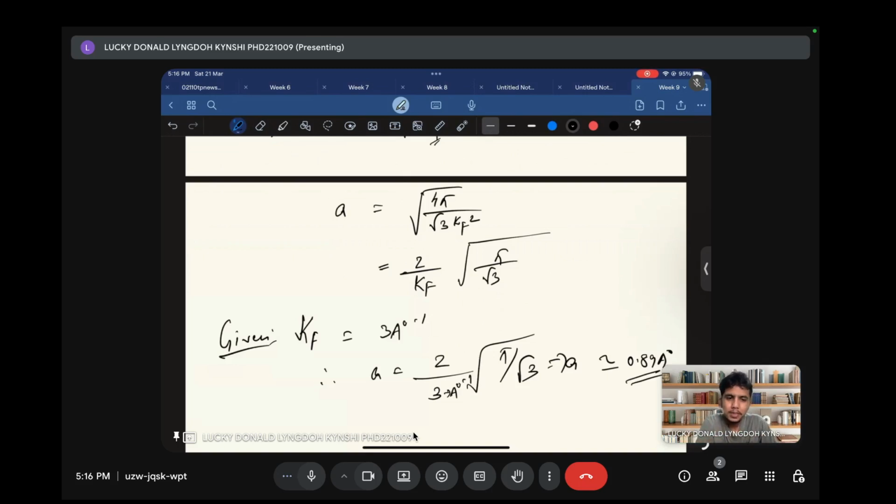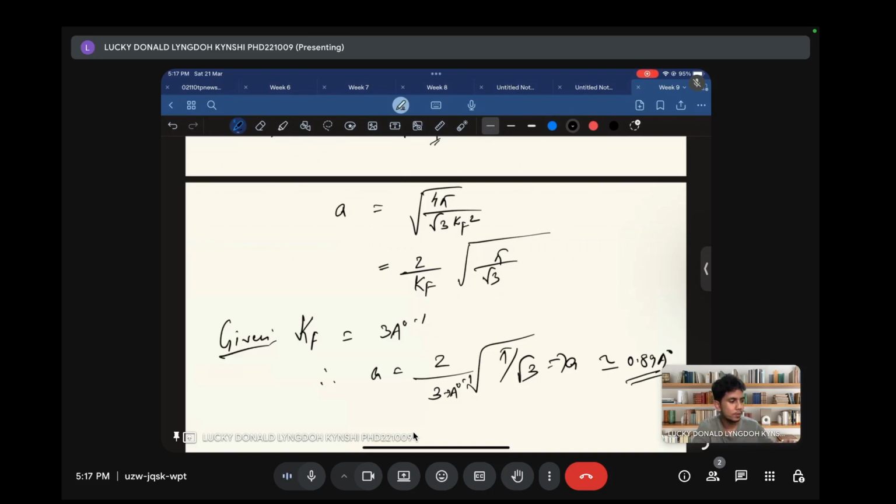If you have to find the lattice constant, given N and Kf, you find the relation of the density of states. From the density of states that we talked about last class, we can relate the number of electrons, or the density of states, with the wave vector k. Once we know that, we can easily calculate the lattice constant.